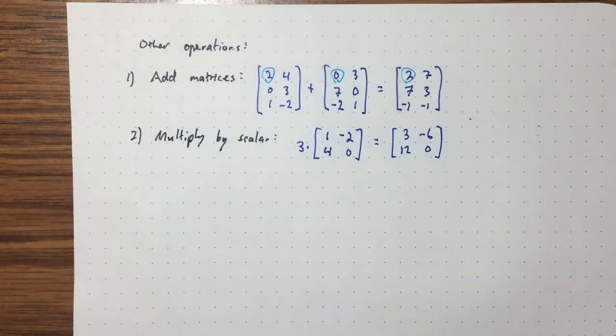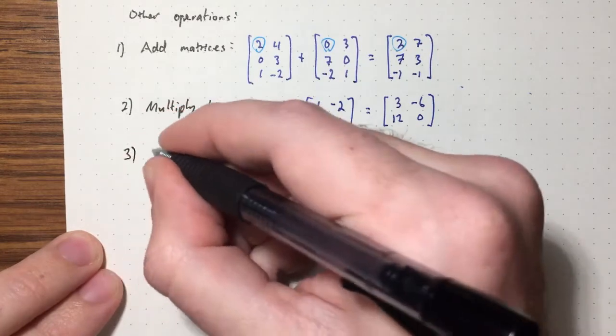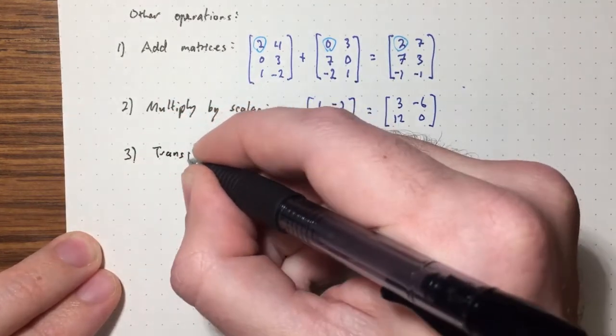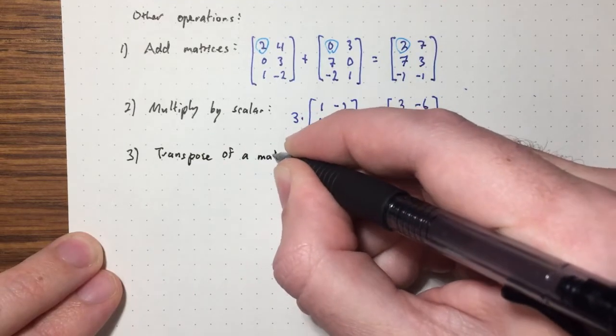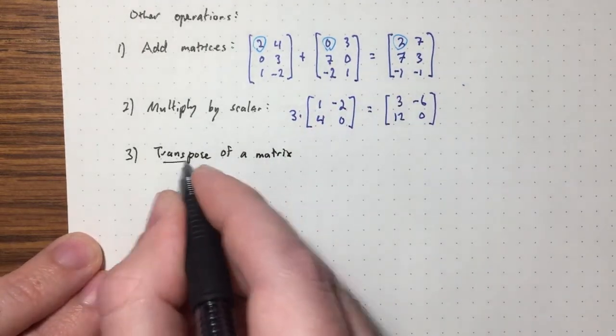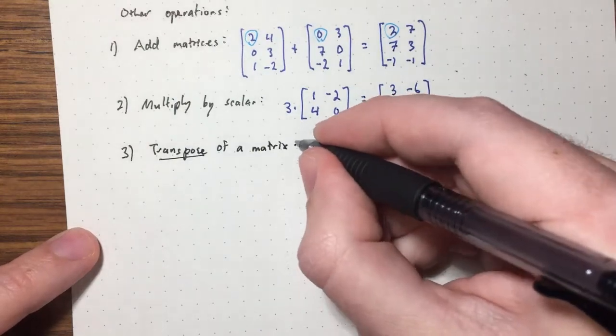What else can we do with matrices? We can do something called a transpose of a matrix. And I'm not sure we're really going to go into this later in the course, but I just want to cover all my bases here.